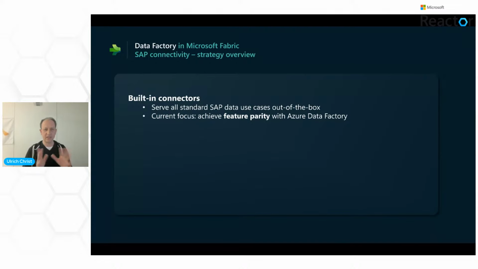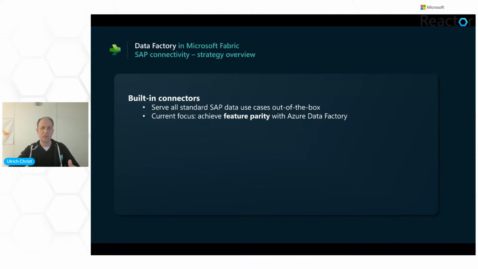I intentionally left the term a little bit fluffy, but most of the standard SAP use cases which come to mind should be possible to serve based on the built-in connectors, so that you don't have to look for alternatives here.